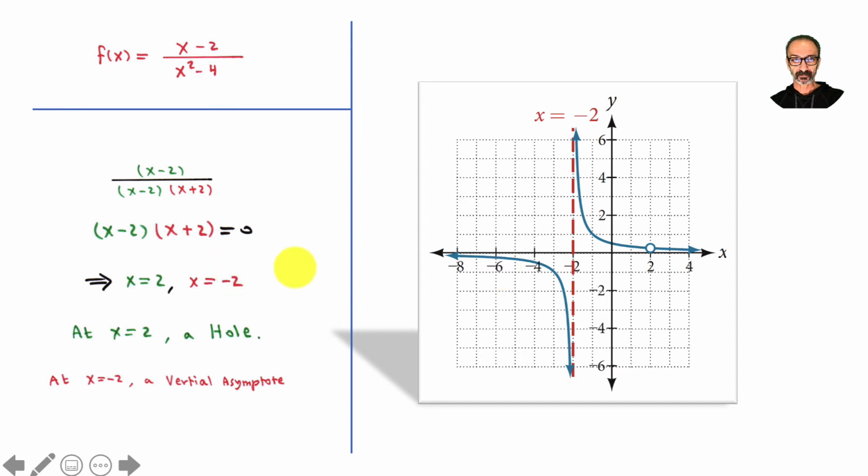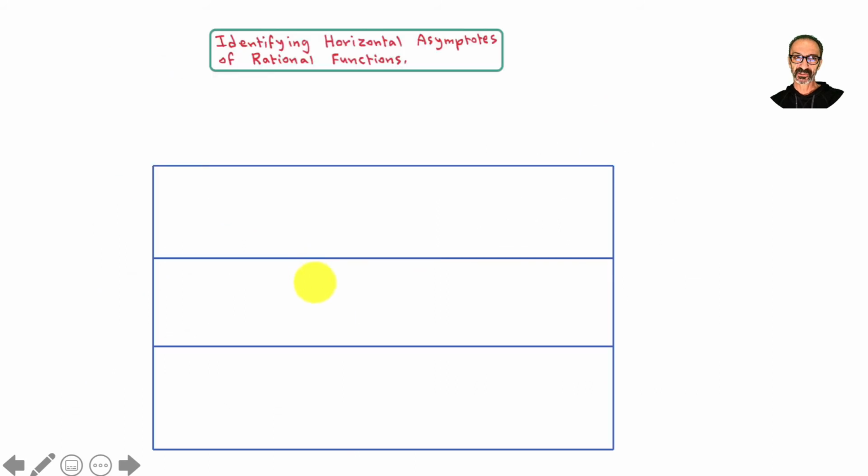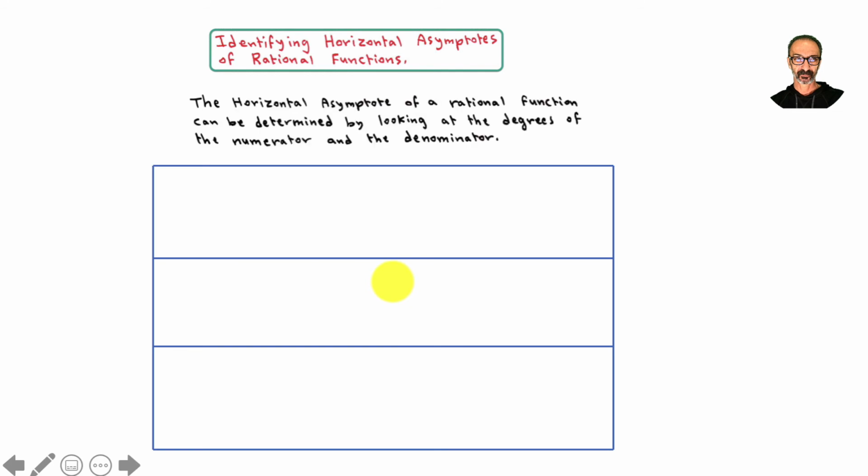Now, talking about horizontal asymptotes from different angles in detail, here's some notes. Identifying horizontal asymptotes of rational functions. The horizontal asymptote of a rational function can be determined by looking at the degrees of the numerator and the denominator.